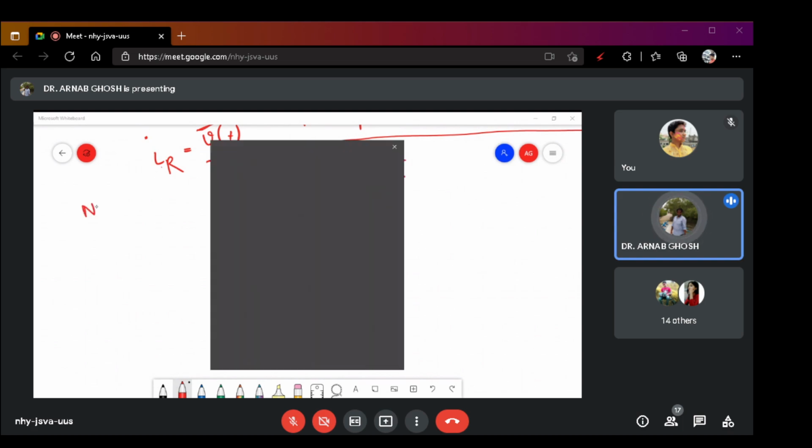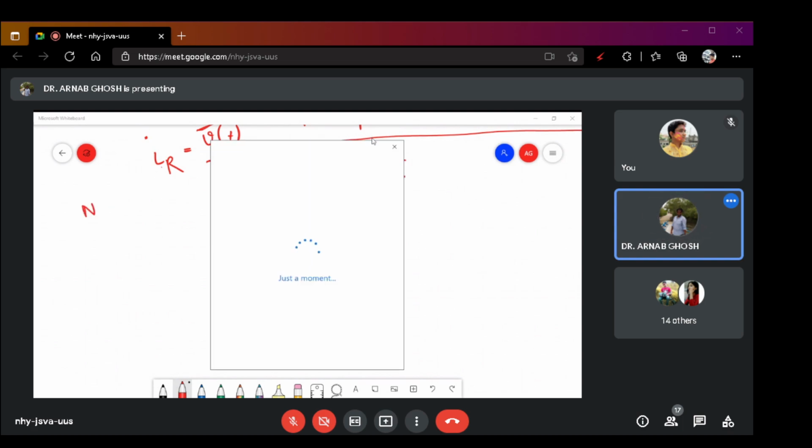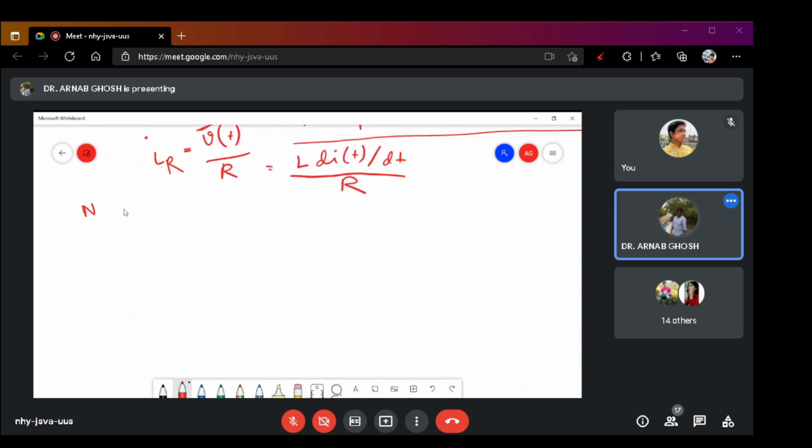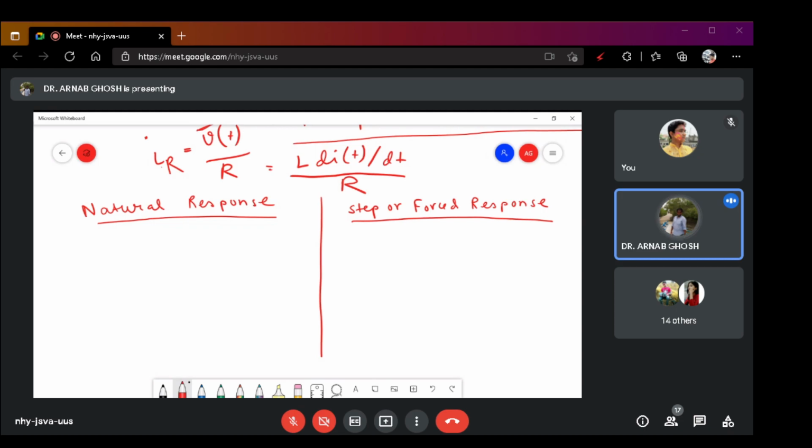So when I'm talking about the natural response, this is the natural response. This is the step or forced response. So this is the overdamped condition.